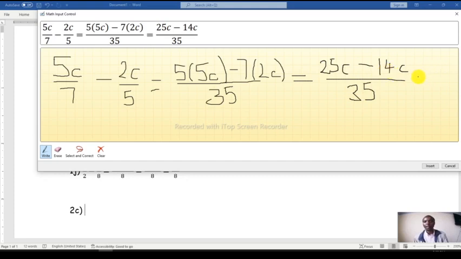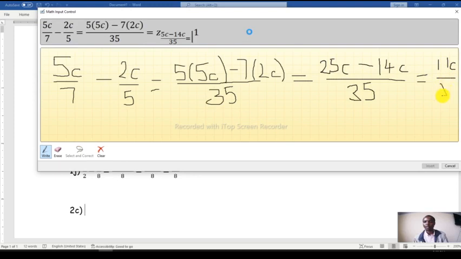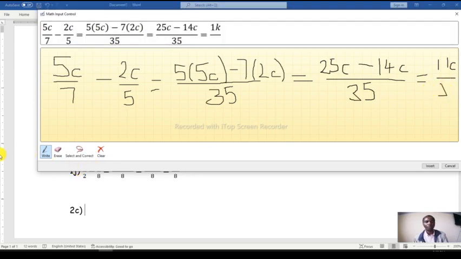Then we do the operations. 25 minus 14, that's 11c, over 35.